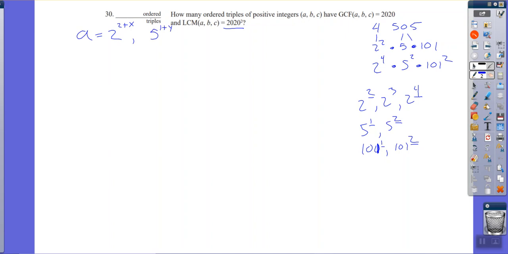Let's call this one x as well. And then we'll also have another number. Let's call that x2, because x1 and x2 may not have to be the same thing. And we also have 101 to the 1st plus x to the 3rd, which means b is going to be 2 to the 2nd plus a number. I don't know what that number is, but it's either going to be a 0, 1, or 2.